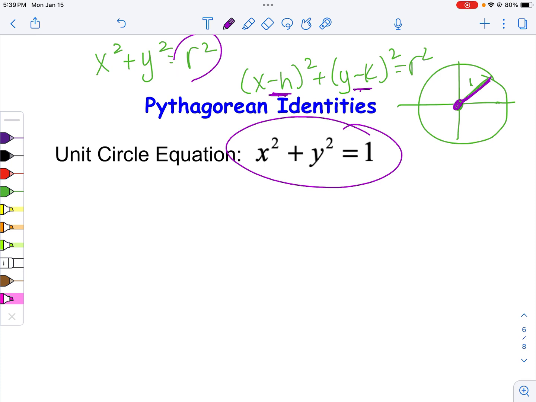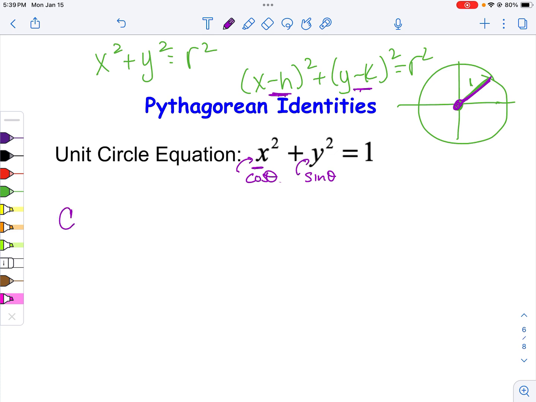One of the things we can do is take this equation right here, x squared plus y squared equals 1, and think about some of the properties of our unit circle. On our unit circle, the x represents cosine of an angle, and y represents sine of the angle. So we can substitute in cosine theta for x and sine theta for y.